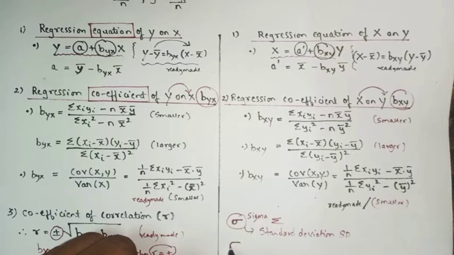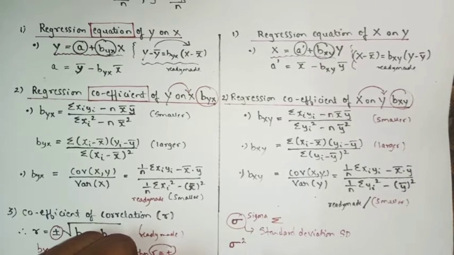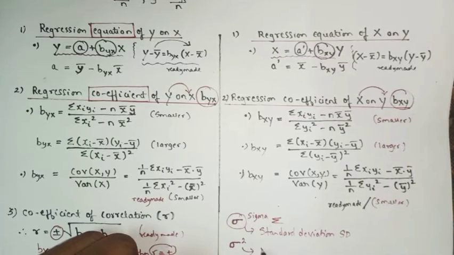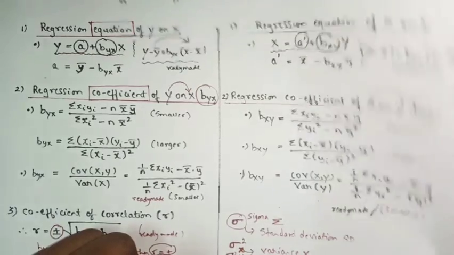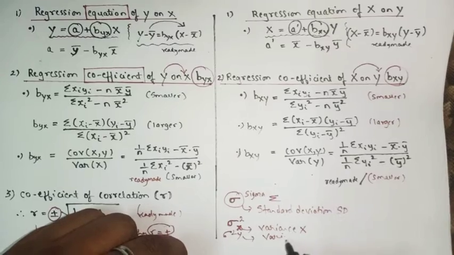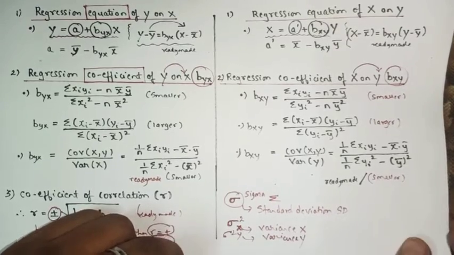So when you write this as a square, this becomes variance. If you write x in the base, this is variance of x. If you write y in the base, that will be variance of y.